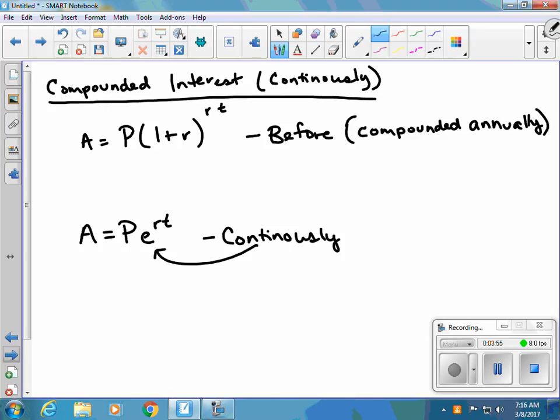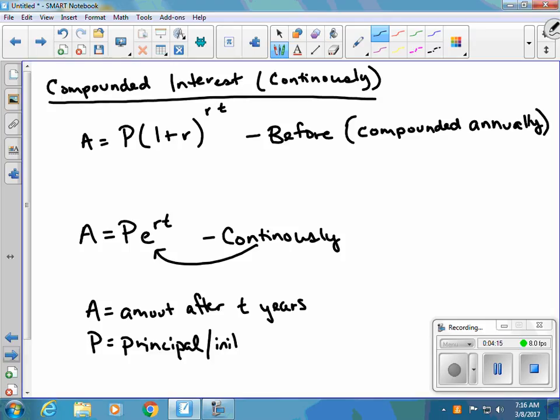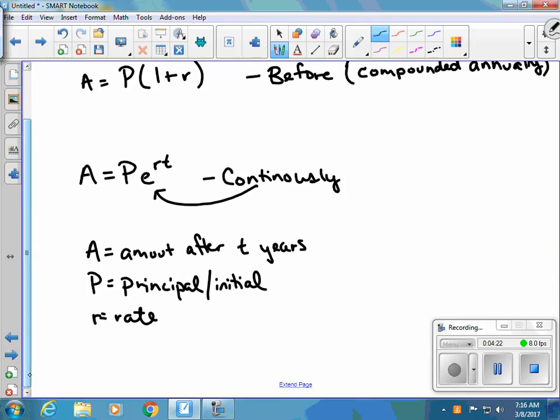A still represents the initial or the after dollar amount. P is still our principal or our initial. R is our rate. And T is our time in years.